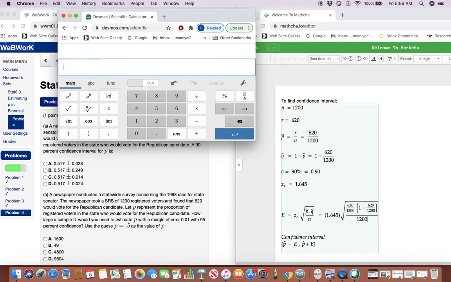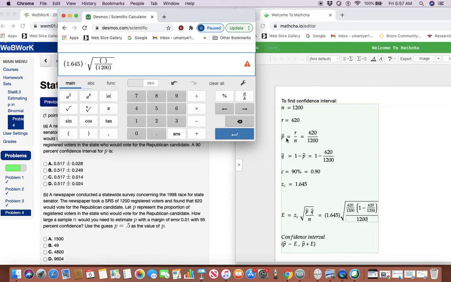Let's calculate E. 1.645, I'm going to multiply by the square root of a big fraction. There is a numerator divided by a denominator. What goes into the denominator is 1200. That part is easy. What goes in the numerator?